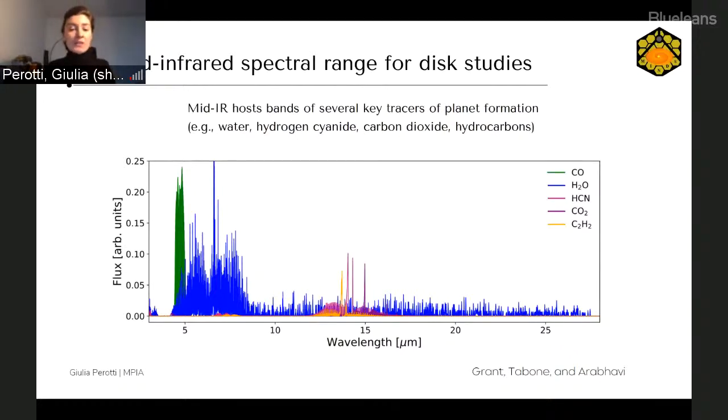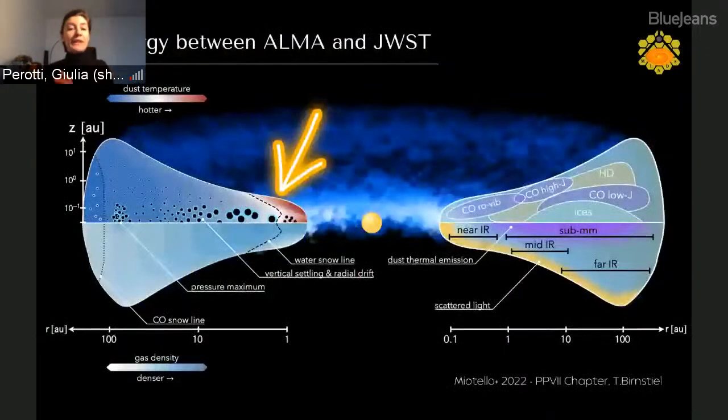At the same time, in the spectral range covered by MIRI, we can observe symmetric molecules such as CO2 and acetylene, C2H2, which are not accessible with ALMA because they don't have a permanent dipole moment. So right now we're entering the stage where we can finally combine the information ALMA has provided on the outer disk regions and the chemical and physical processes there, together with the chemical inventory of the innermost regions that we are now looking at for the first time at high resolution with Webb.